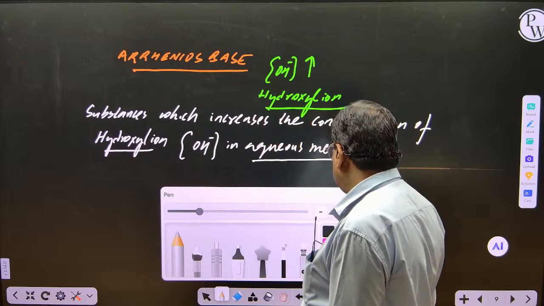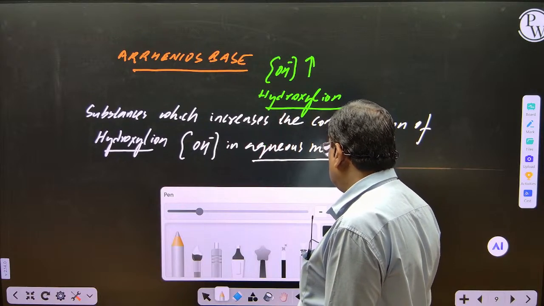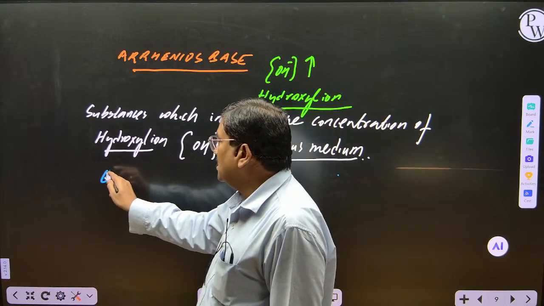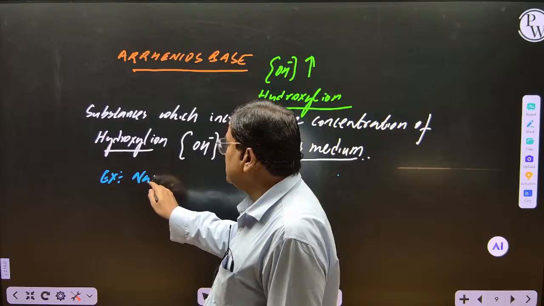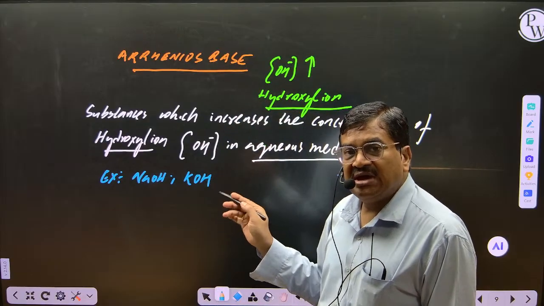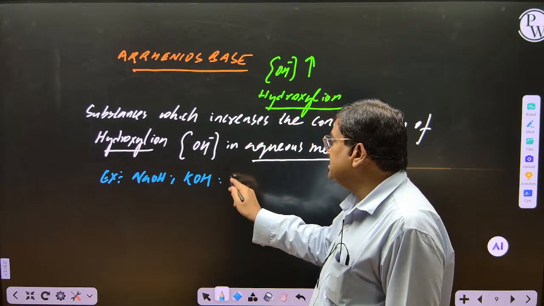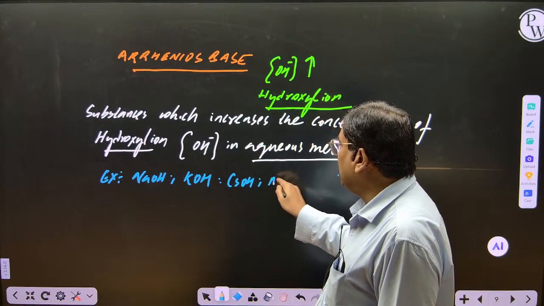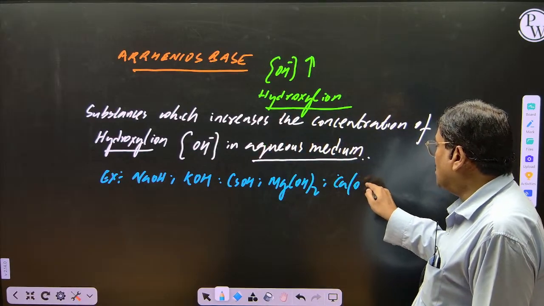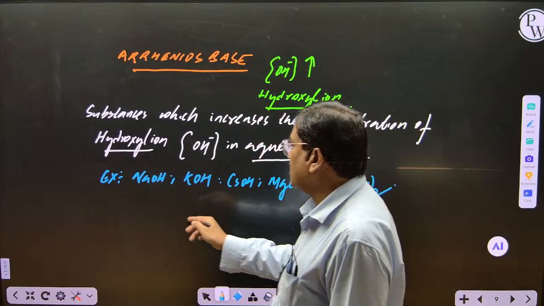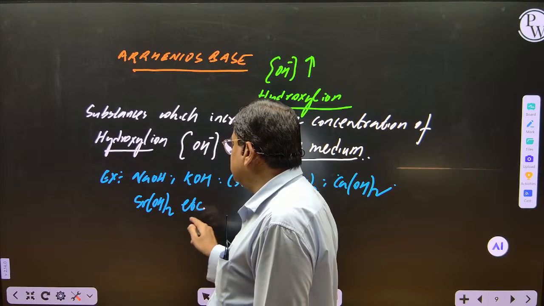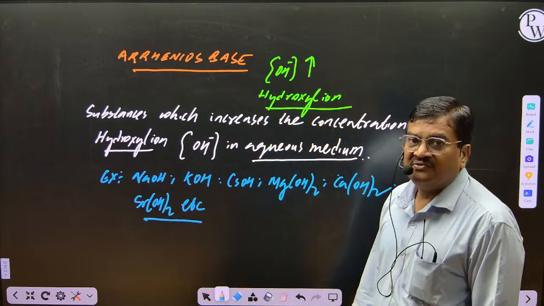Now, what examples can we quote for Arrhenius base? We can write caustic soda, NaOH, and caustic potash. All substances that have OH, you can give examples like cesium hydroxide, magnesium hydroxide, calcium hydroxide, strontium hydroxide, etc. These are all substances which increase the concentration of OH minus ion.